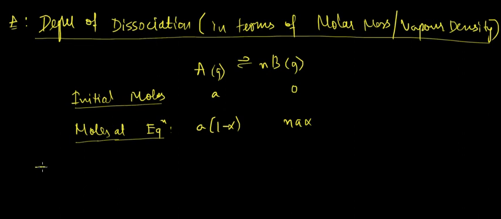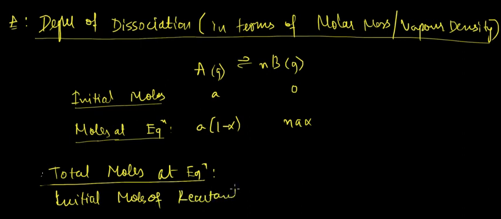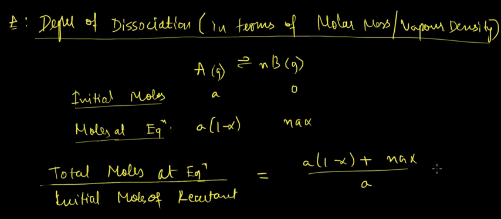So in this case, the number of moles of B at equilibrium would be nothing but N alpha. Okay, so the total moles at equilibrium divided by the initial moles of reactant, the ratio would be nothing but A(1 minus alpha) plus N alpha, divided by A. So this is total moles at equilibrium divided by initial moles, which I am denoting by M naught, or MO, whatever you may want to call it.